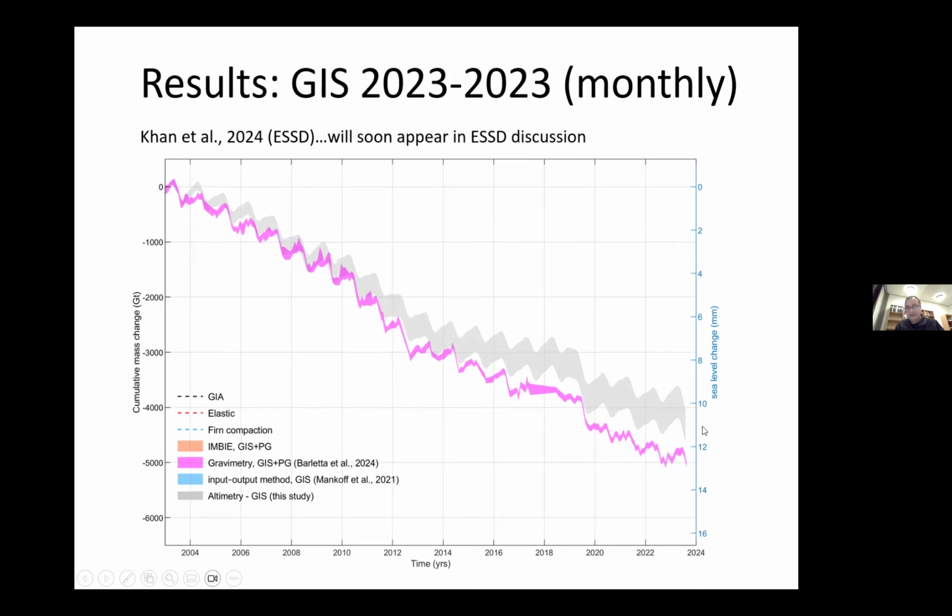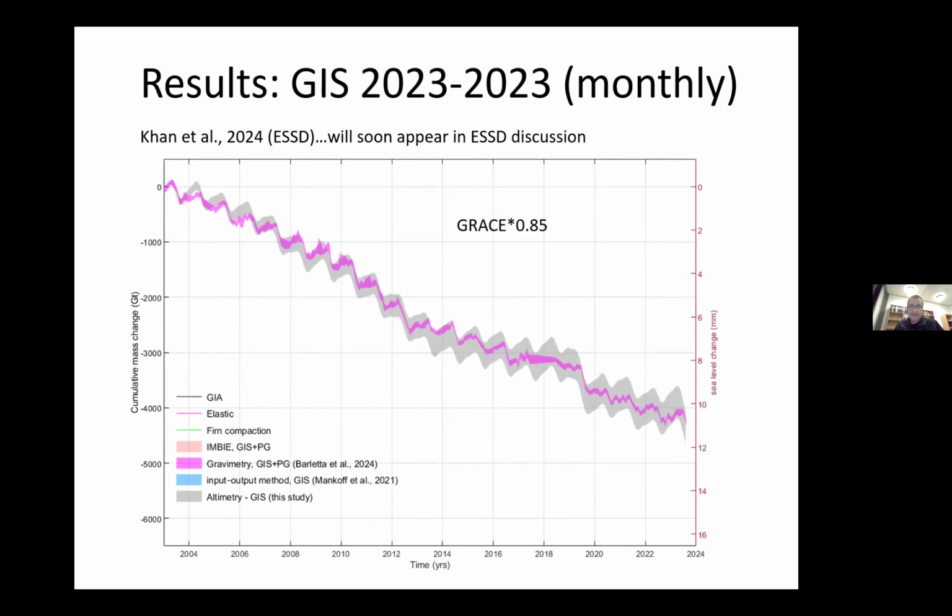And as you can see, there is a difference or a bias, and it's because in our study, the gray region here, we only focus on the Greenland ice sheet and not peripheral glaciers. Now, if we say that peripheral glaciers account for about 15% of the total ice loss that is estimated from GrIS.